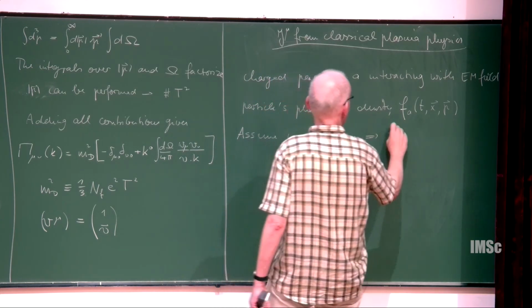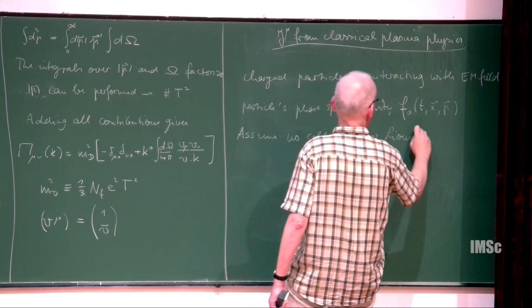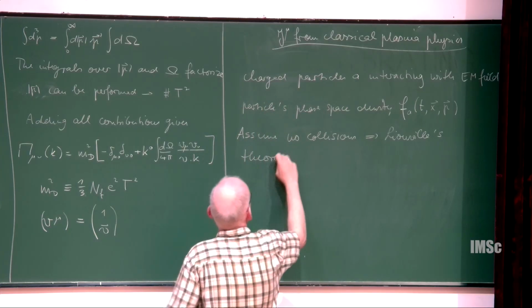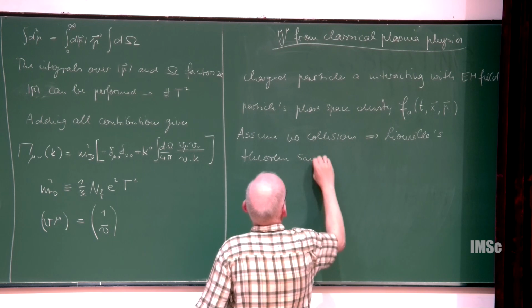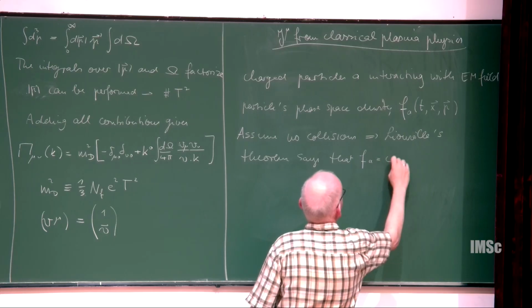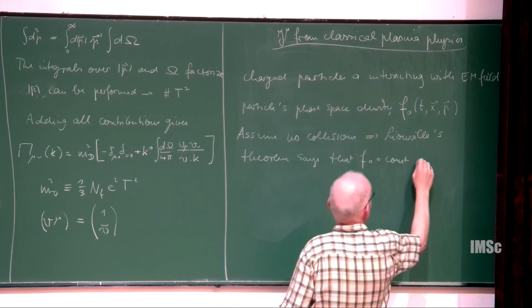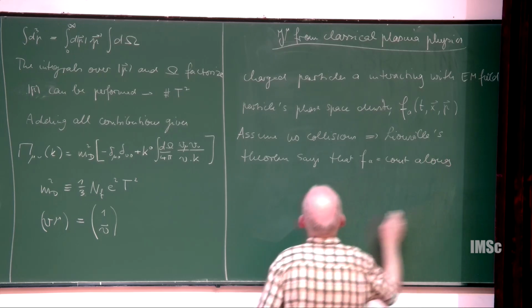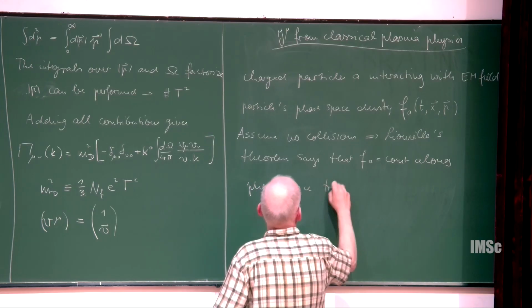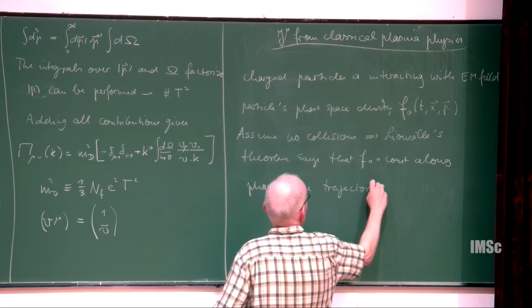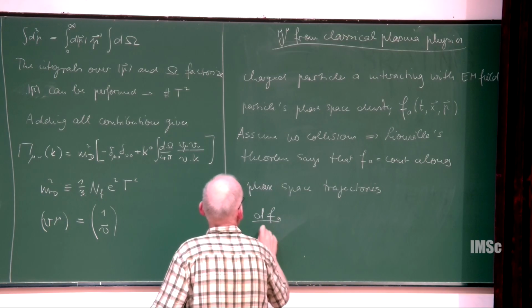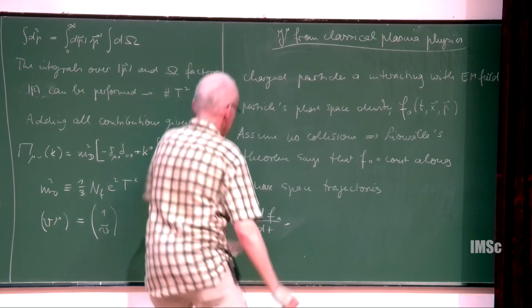Then Liouville's theorem says that F_a is constant along the phase space trajectory. So we get a differential equation, the total time derivative of F_a. Why does it change in time?